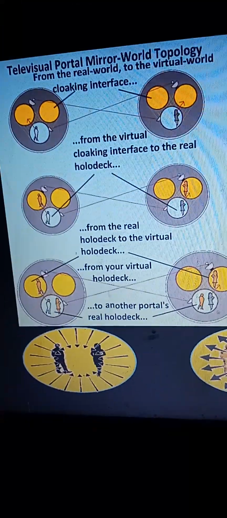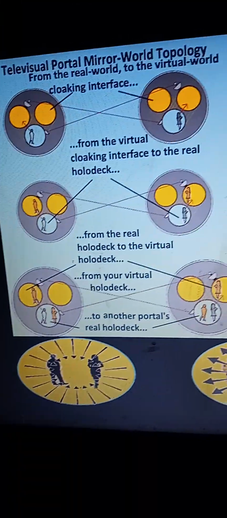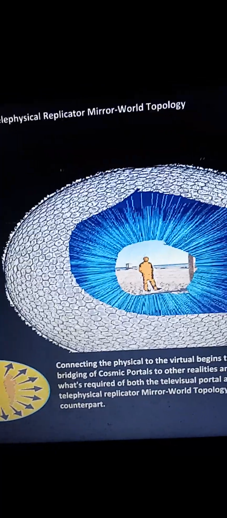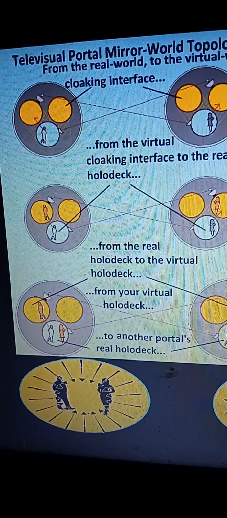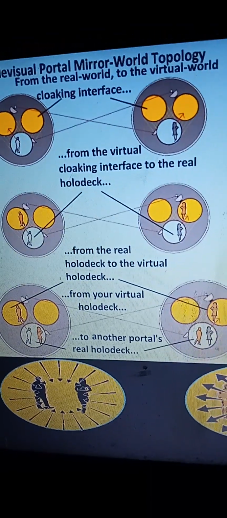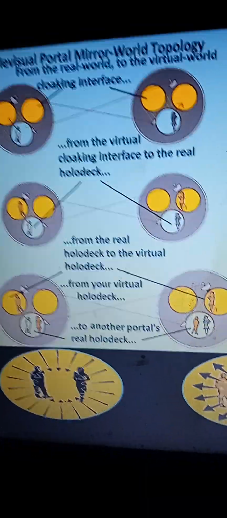So that's what's needed to interlace Telephysical Replicator Mirror-World Topology to the Televisual Portal Telepresent Mirror-World Topology.